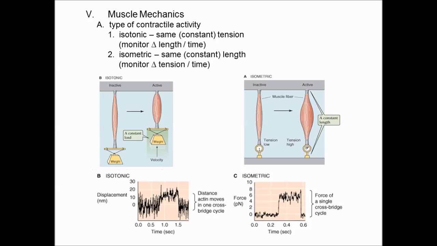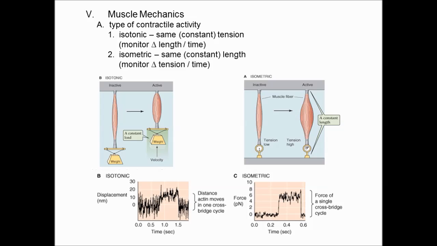That's isotonic contractile activity, and you can see it exemplified here. The muscle has a given weight on it, you stimulate it, and it shortens. In that type of contraction, we study the contraction by measuring the displacement, or how far the muscle moves with time, and that's represented by the graph on the bottom.